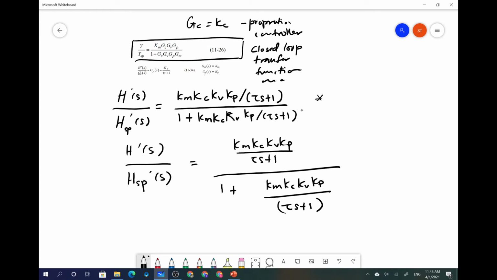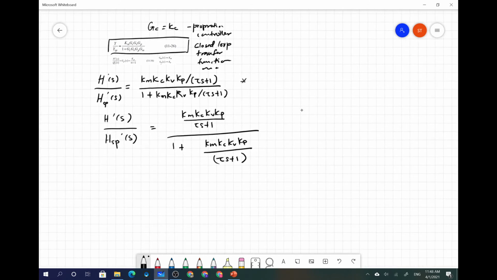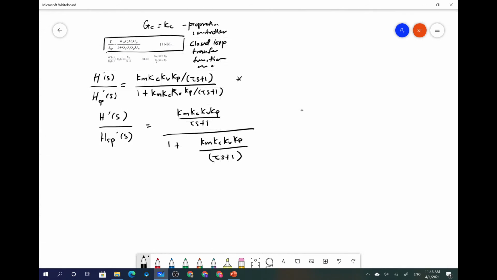From here we're going to simplify. This is mathematics, this is not process control, it's just mathematics. So each of these should be multiplied by tau s plus 1. Why? Because we want to simplify.